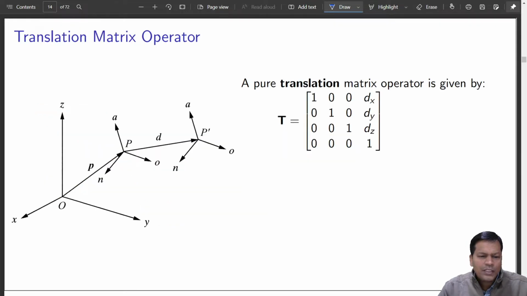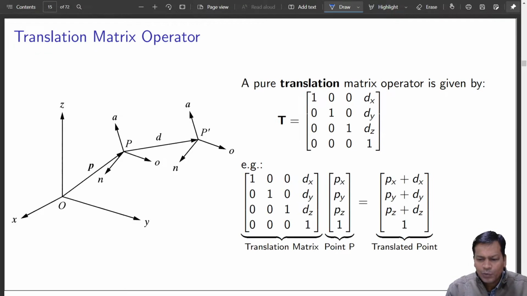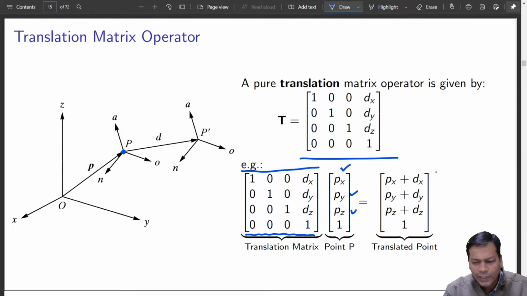Now let's see what a translation matrix is. It looks like this. When applied to a point, let us say you have a point in space given by px, py and pz. When you apply this translation matrix, that is, pre-multiply this column point vector by it, you get this.